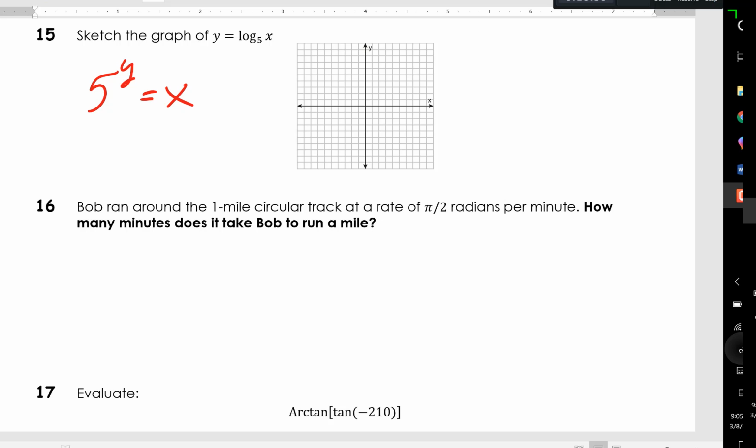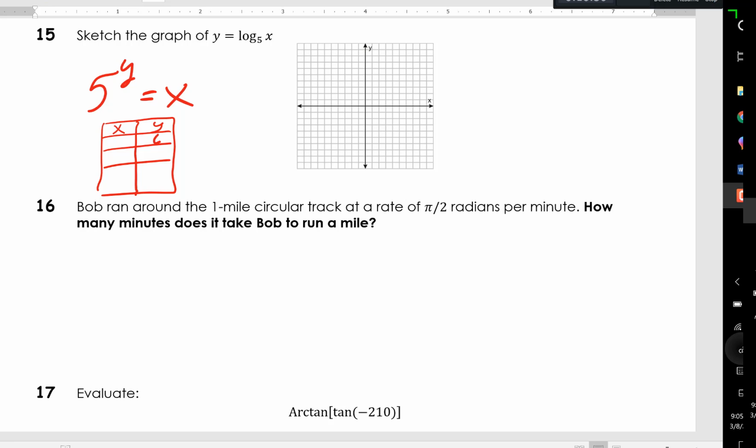Now the easy thing for me to do is just get a couple of possible points to give me an idea of where I'm at. You have to know the basic shape of a log function or an exponential function to then draw it, but it's nice to get just a couple of values for x and y.